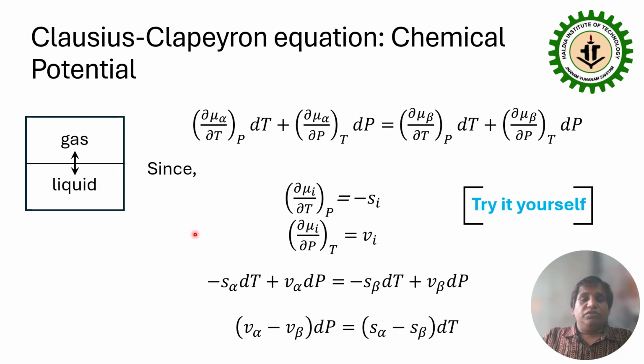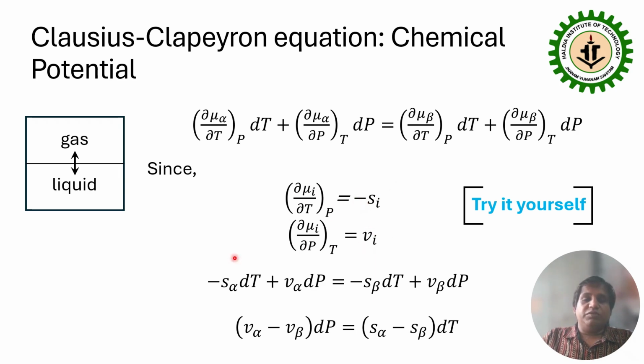We can show that ∂μ/∂T at constant pressure is nothing but the entropy of that component, and ∂μ/∂P at constant temperature is nothing but the volume of that component. So this is the molar entropy, and this is the molar volume.